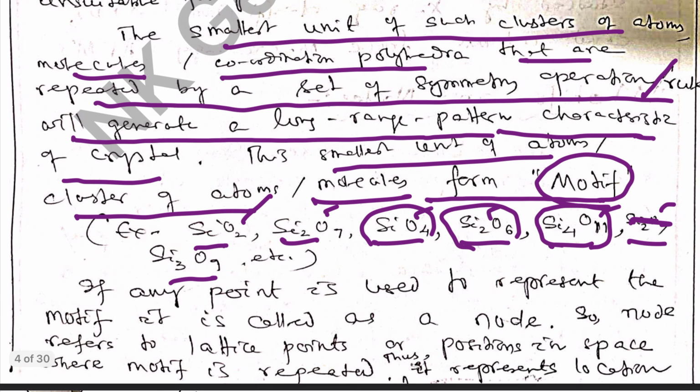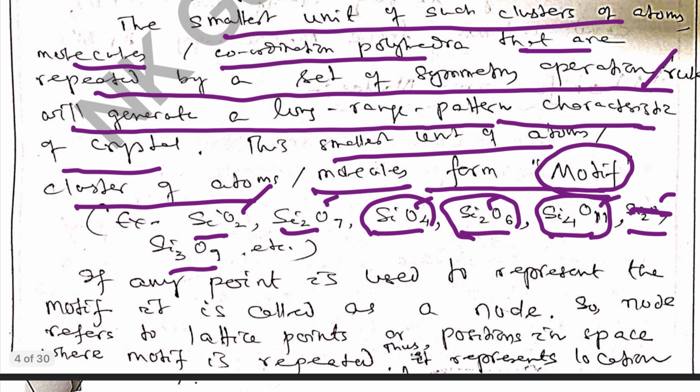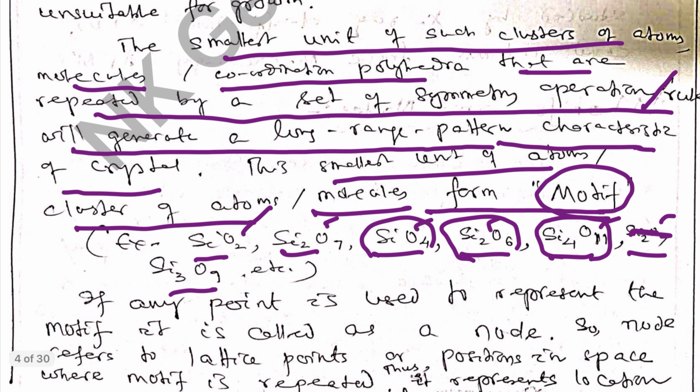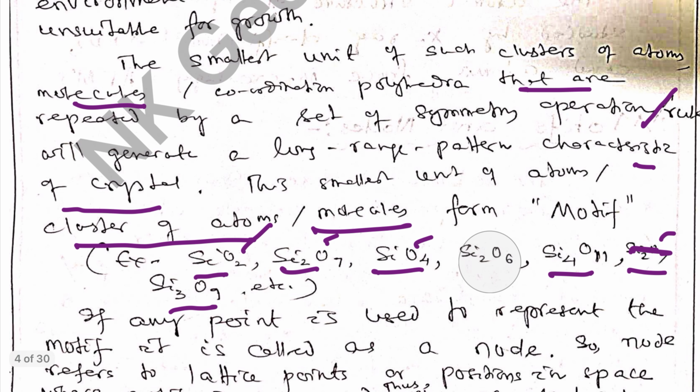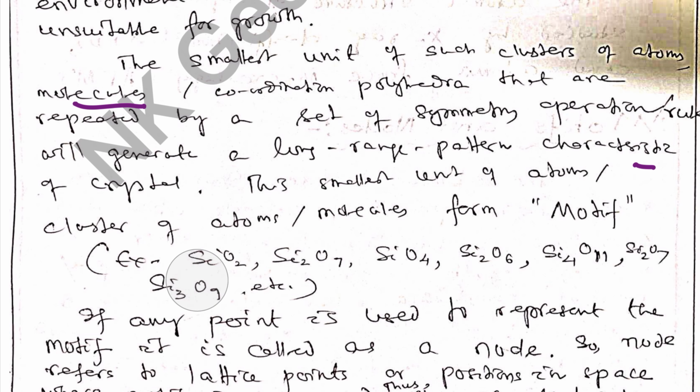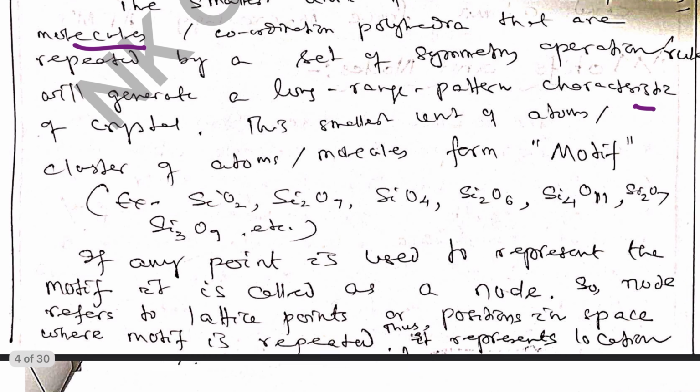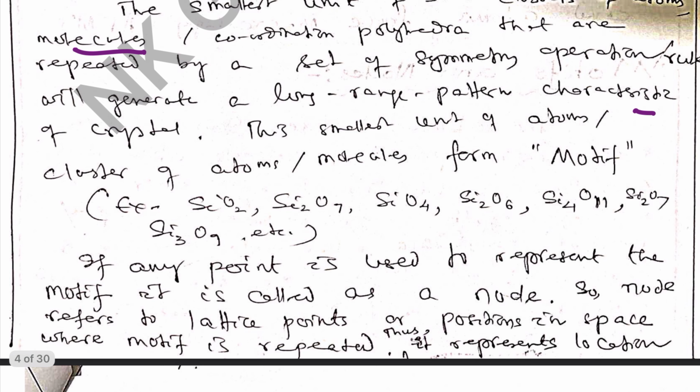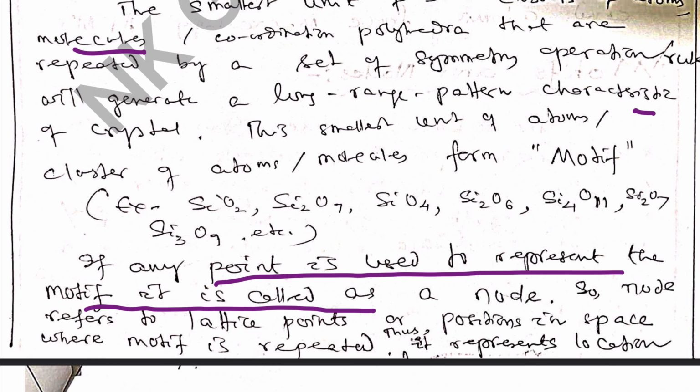So, these atoms or molecules form a motif which is found to be repeated in 3 dimensions to produce the crystal structure. If any point is used to represent the motif in the crystal structure, it is described as a node.